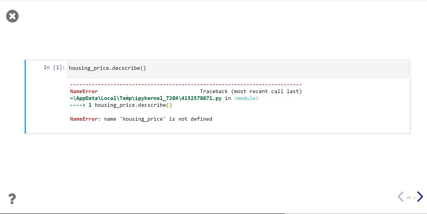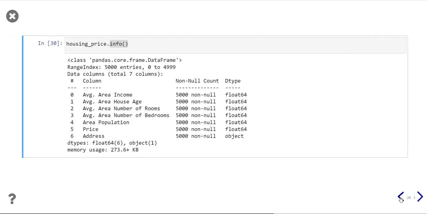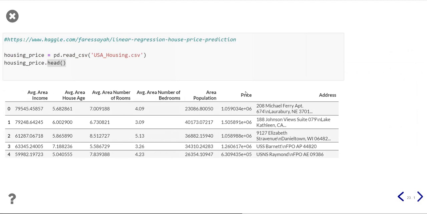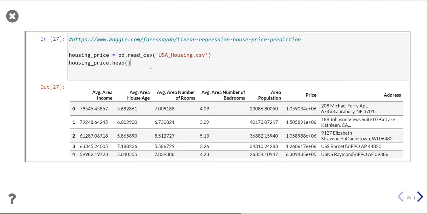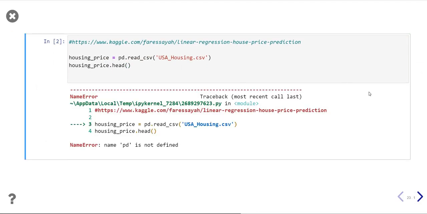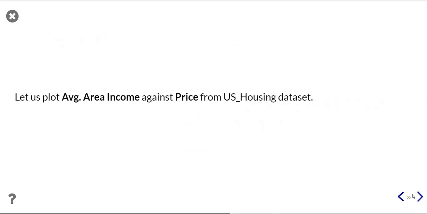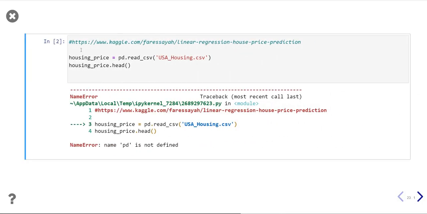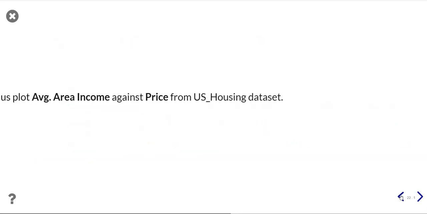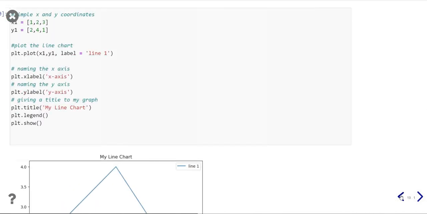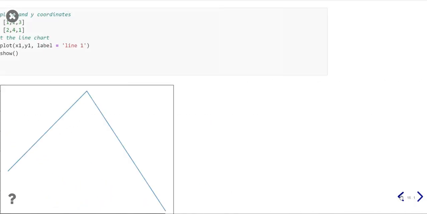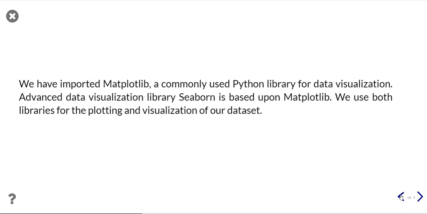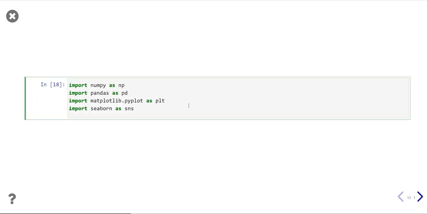Oh, sorry. I have to run back the data frame. I have to define it also. Let me see, do I have that before? Okay, I'll just run this again.